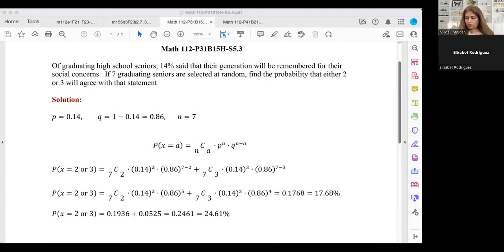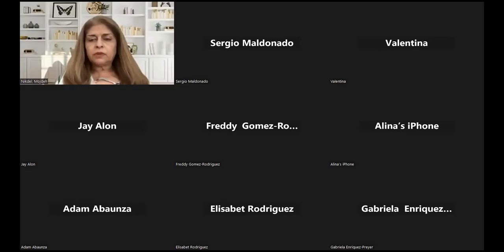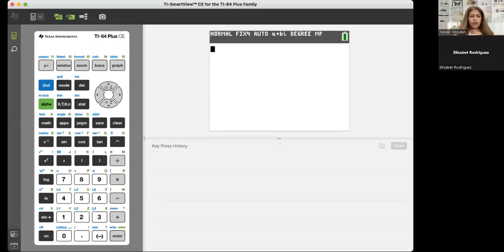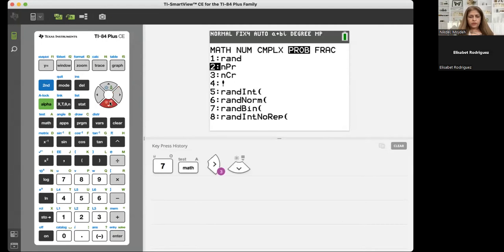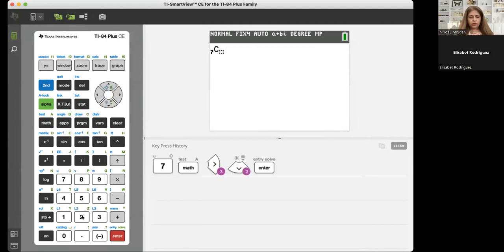Let me show you how to find the combination with the calculator. We have 7, math, we go to probability, choose item 3, 2, 0.14 to the power of 2.